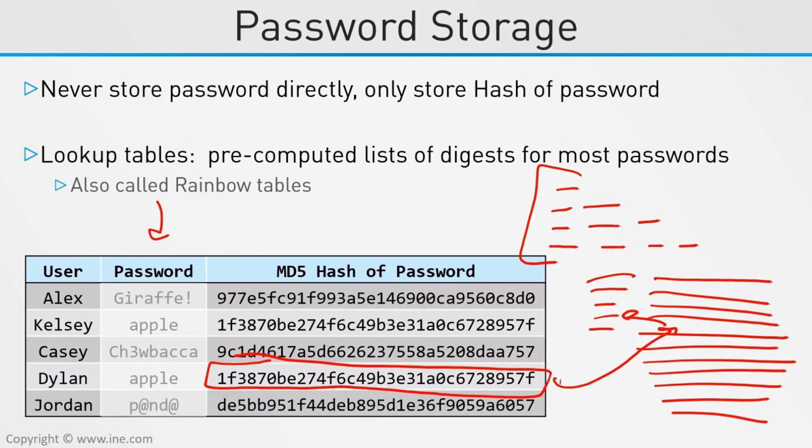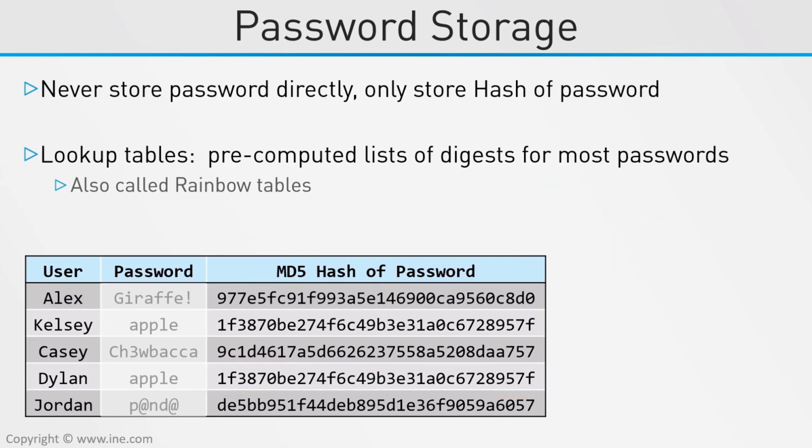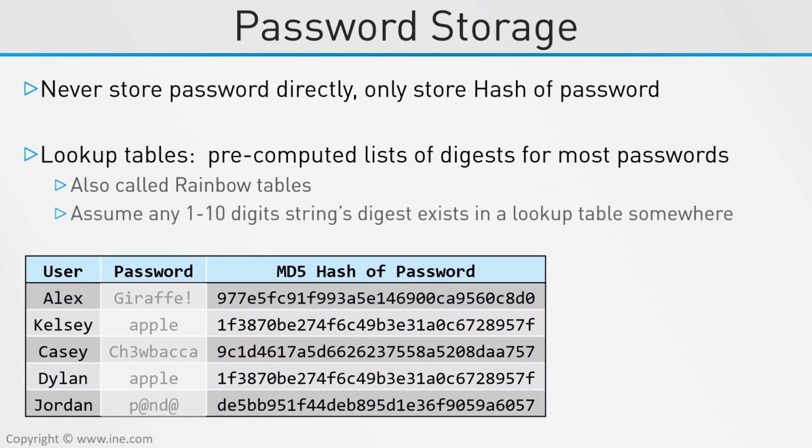So simply storing the MD5 hash, or simply storing the digest of a particular password, isn't enough for full password storage because of these things known as lookup tables. These days, you should assume that any password that is 1 to 10 digits of any complexity, meaning uppercase letters, lowercase letters, etc., has its digest somewhere in a lookup table.